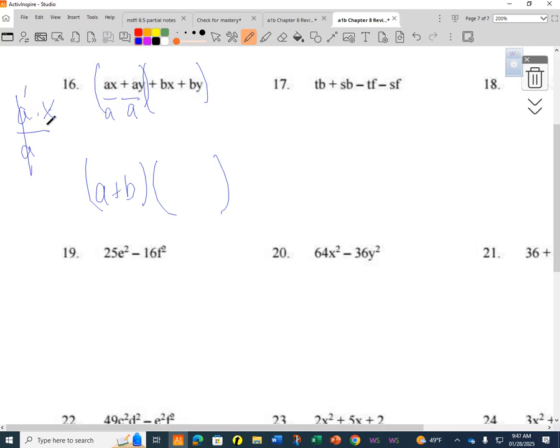So what do we have left? X plus, and then AY divided by A, what do we get? A times Y divided by A, then A simplify to 1. 1 times Y is Y.